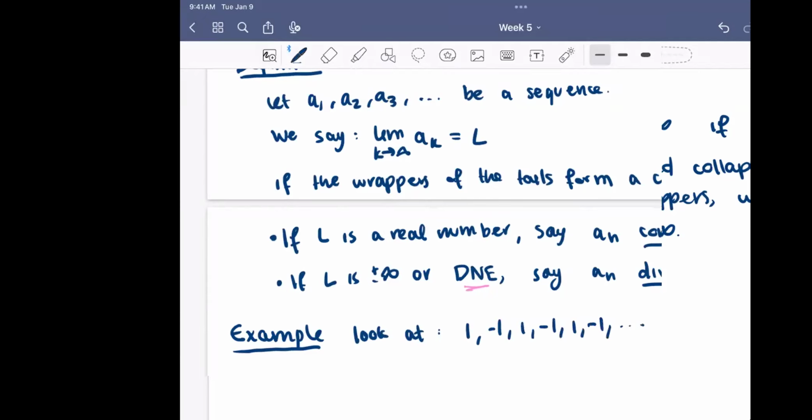Bouncing back and forth between 1 and -1. Yeah, like cosine of k pi or something. So that's one way you could do it.